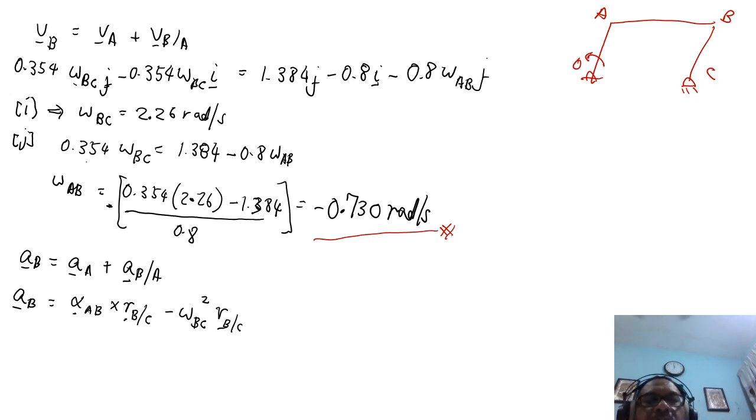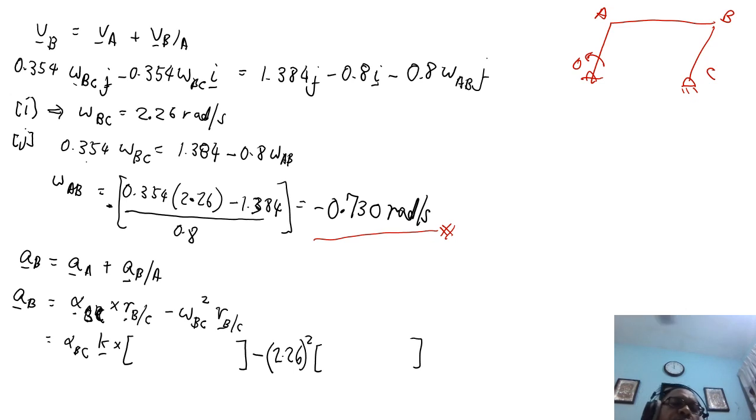So the right thing to do is assume alpha as K. No, this is BC, alpha BC, and the direction is K, cross position vector B relative to C. I don't have it with me here now, I'll try to check. And then minus omega BC, we know what omega BC is, 2.26, 2.26 square, position vector B relative to C.